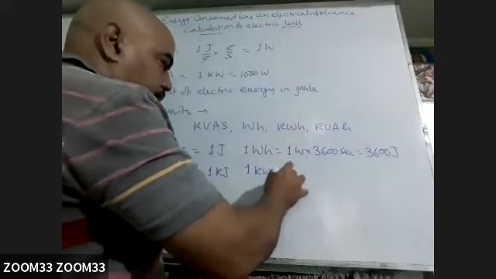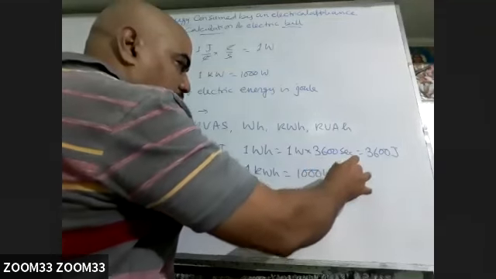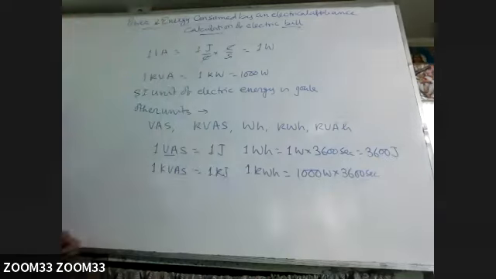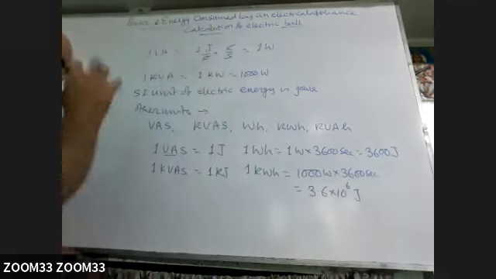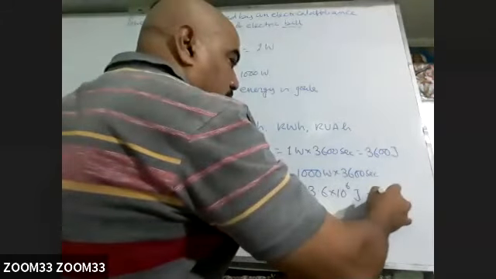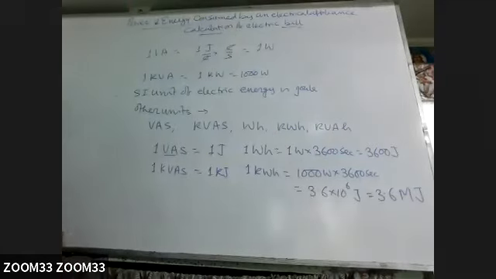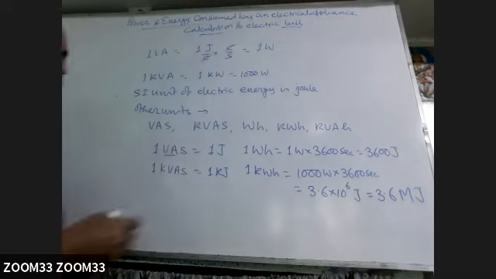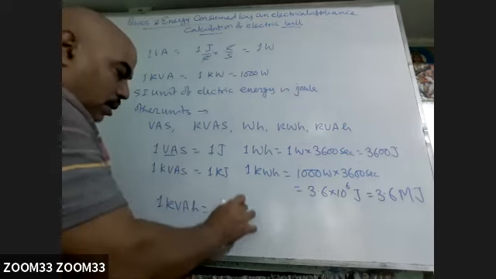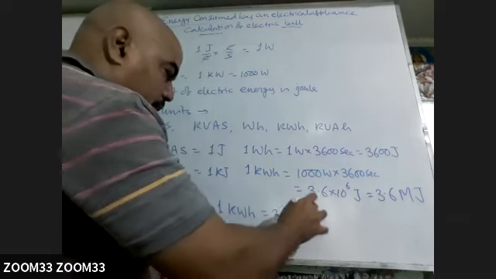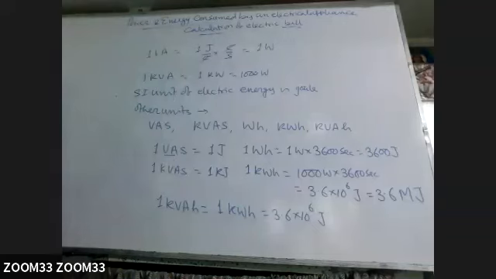Kilowatt hour is 1000 watt into 3600 second, or 3.6 megajoule. kVAh, that means 1 kilowatt hour, so 3.6 into 10 to the power 6 joule. kVAh or kilowatt hour, numerically both are same.